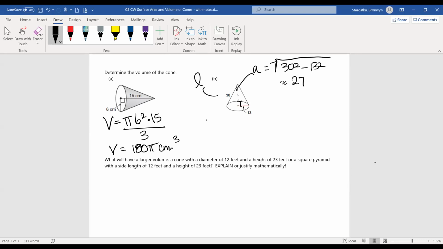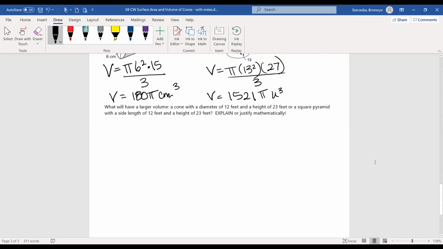So in this case now, our volume is pi 13 squared times 27 divided by 3, which means our volume is going to be 1,521 pi units cubed.